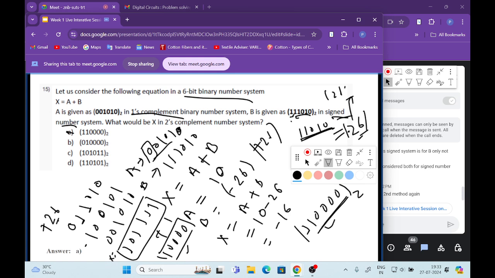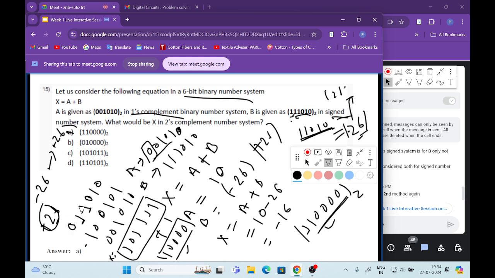Here I have taken the positive number, minus 26 is plus 26, to solve this problem. What is plus 26 in binary? That is 011010. Here the MSB is 0, so it is a positive.